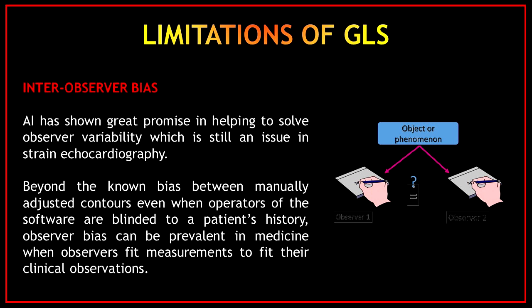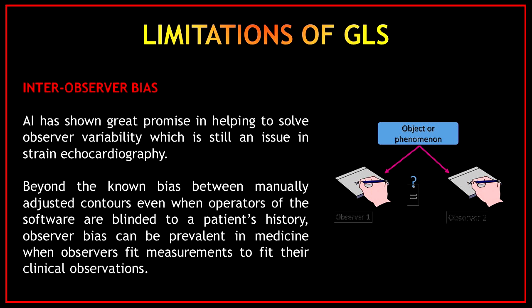Now let's talk about the limitations of global longitudinal strain and how artificial intelligence can help to solve some of these limitations. First, we have the inter-observer bias. Artificial intelligence has shown great promise in helping to solve observer variability, which is still an issue in strain echocardiography.